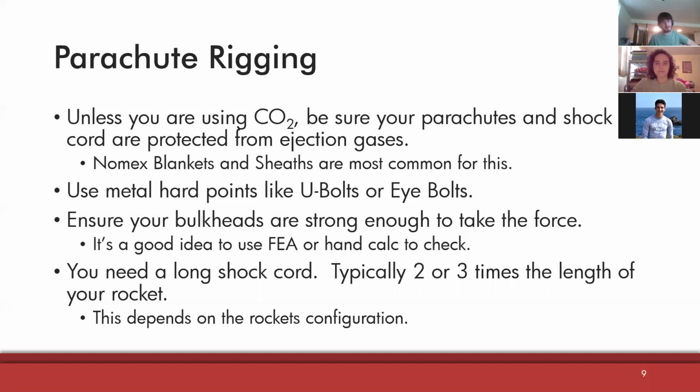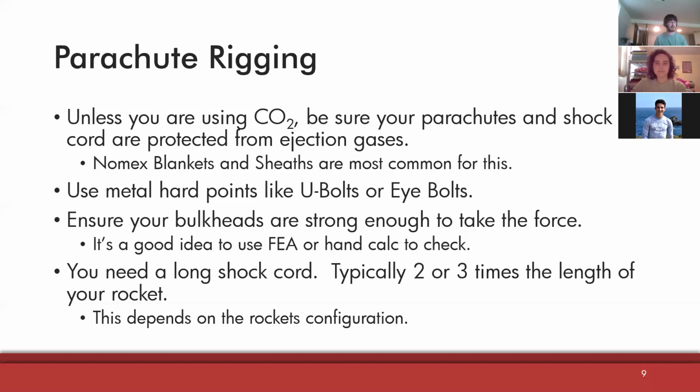I want to say I have 1/4 inch bulkheads, and that works fine because it's smaller. But when you go up to a larger scale, you need something thicker, sturdier. The same would also go if I wanted my rocket to descend much faster, I would need something stronger than 1/4 inch.